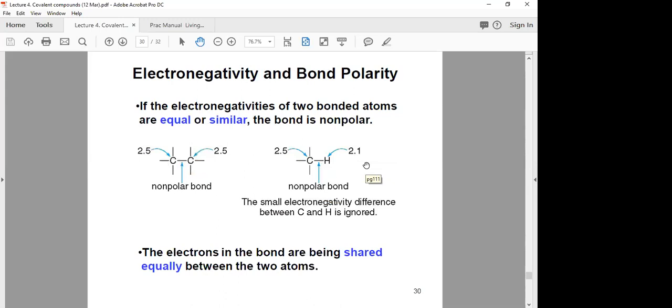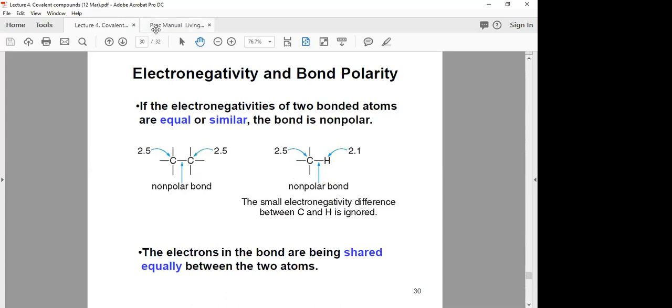So when the electronegativities are equal or very similar, we say that that covalent bond is non-polar. It's a non-polar covalent bond. That might not make sense at the moment, just bear with me.